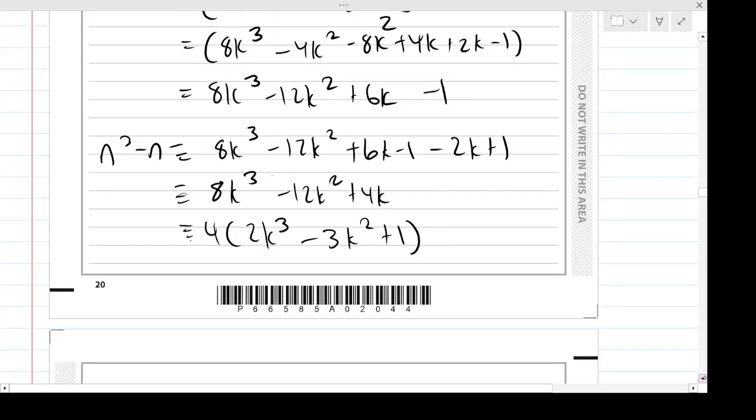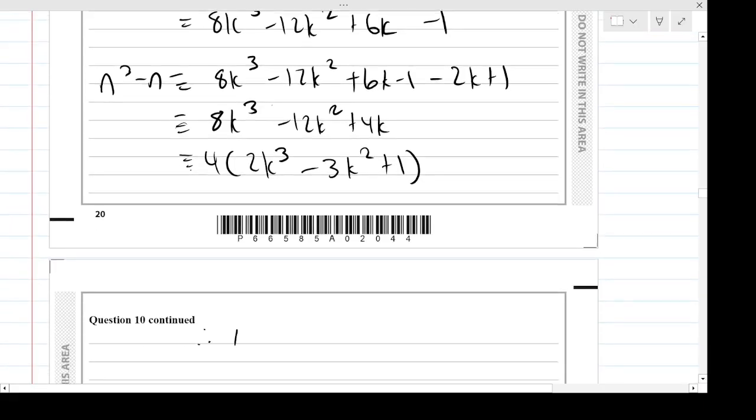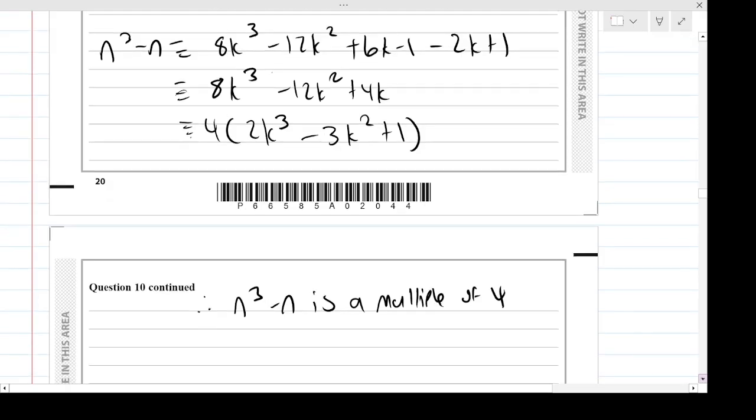Therefore n cubed minus n is a multiple of 4, because we just factored the 4 out, so 4 is a factor when n is odd. And there we are.